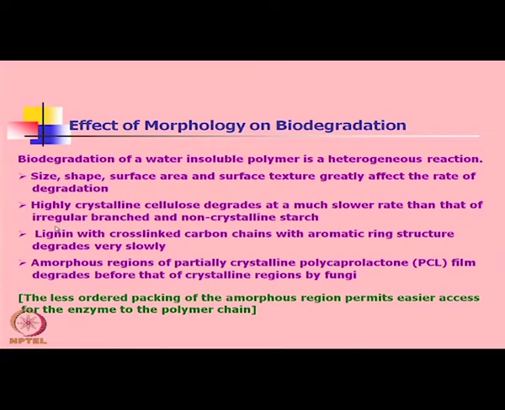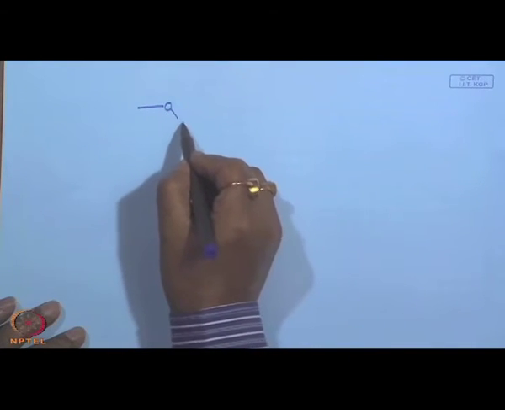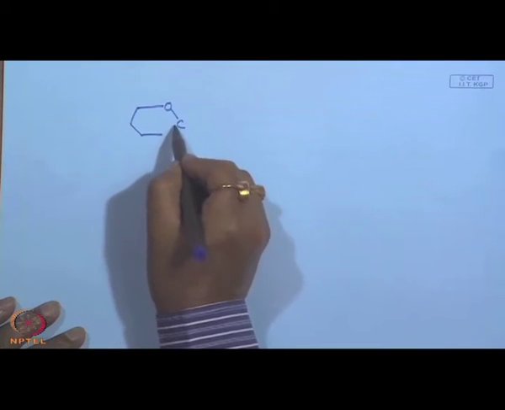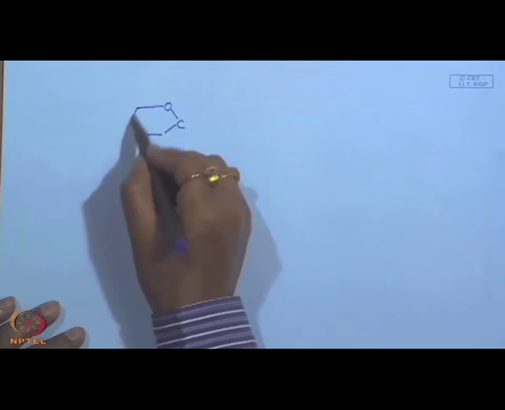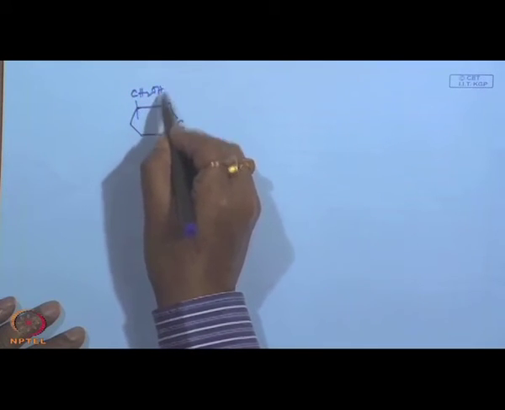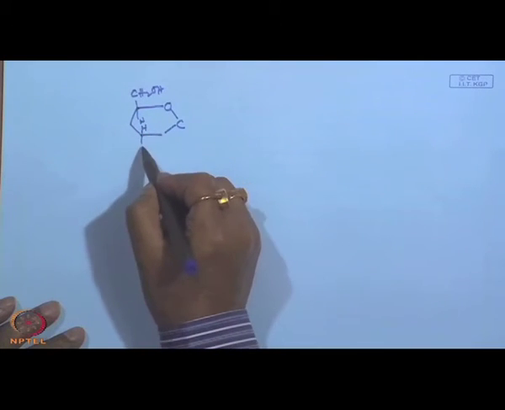Highly crystalline cellulose means that cellulose molecules, say it looks like this. So, these are all carbons. This is the primary hydroxyl group, and this is the secondary hydroxyl group.